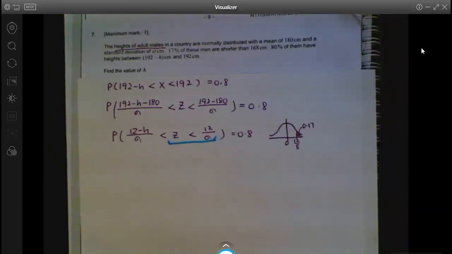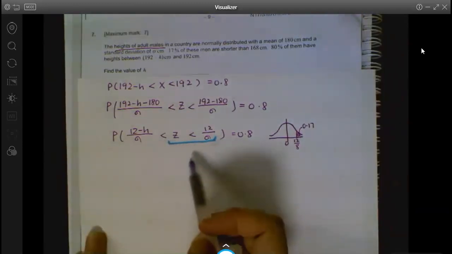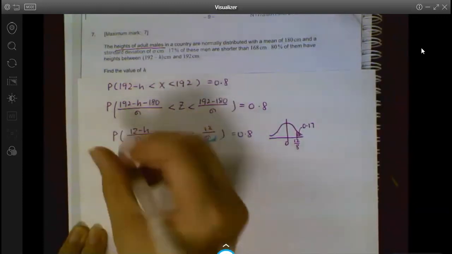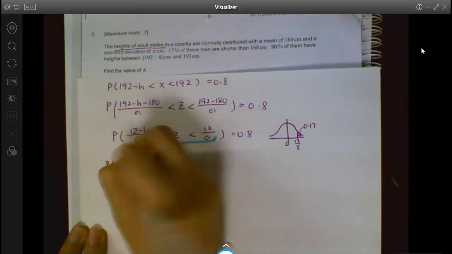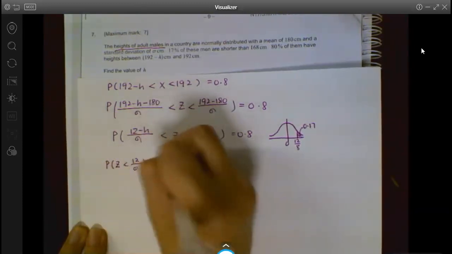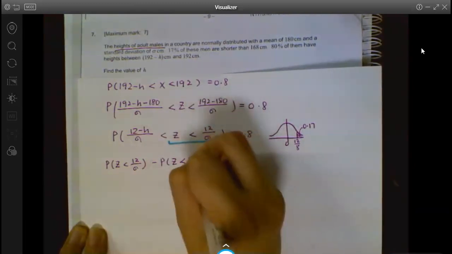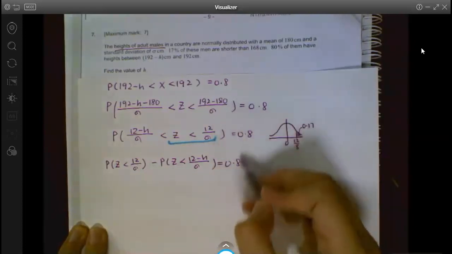Anyway, let's carry on. So we will also use the fact that if z is between two numbers, upper and lower bound, we can subtract the areas of their lower tails to get the answer. We haven't changed 80% at all.